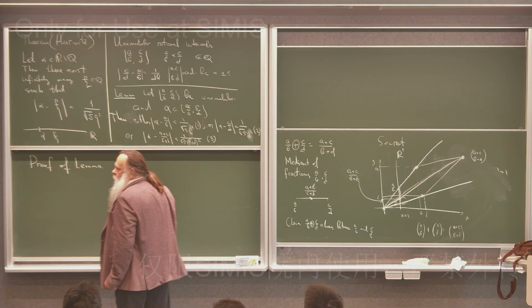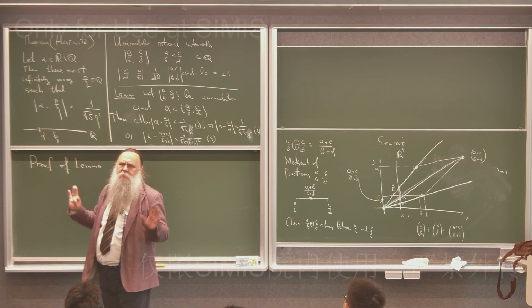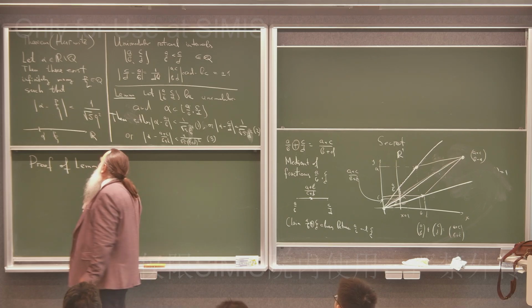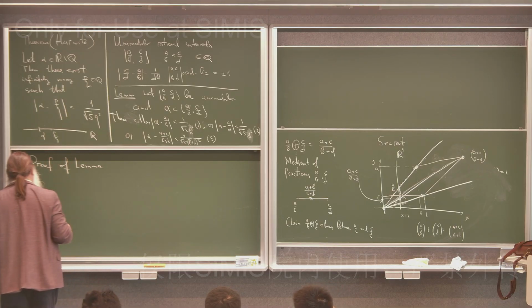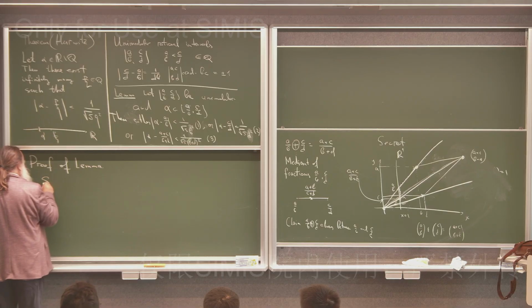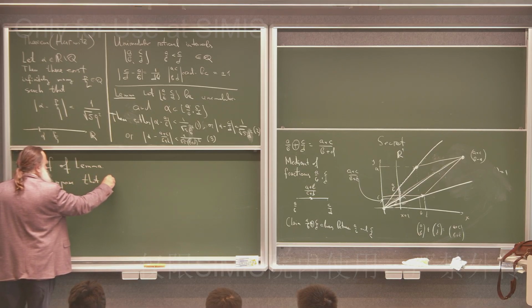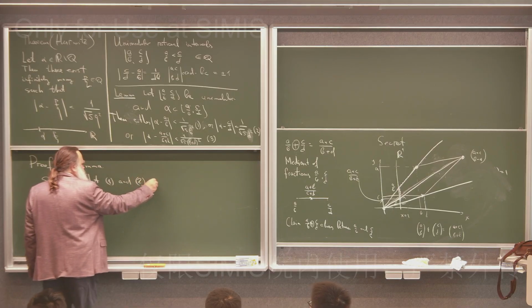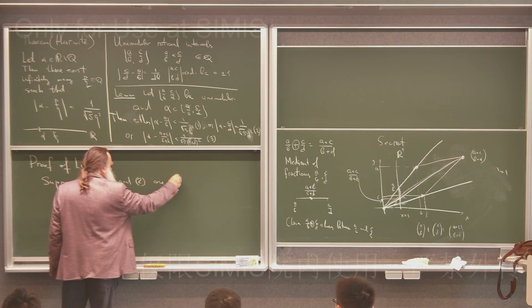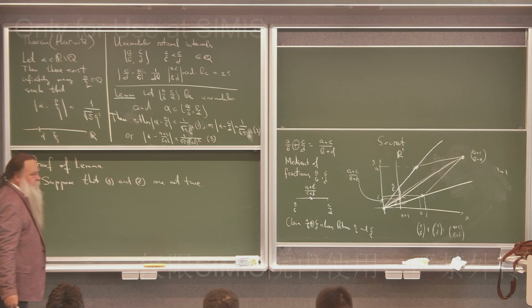So let us, I don't want to say that we prove it by contradiction, but nevertheless we prove it by contradiction. Assume that 1 and 2 are not valid. Suppose, let me draw a picture.